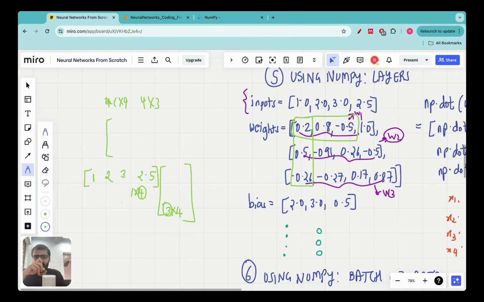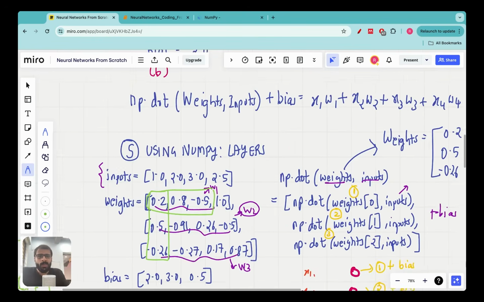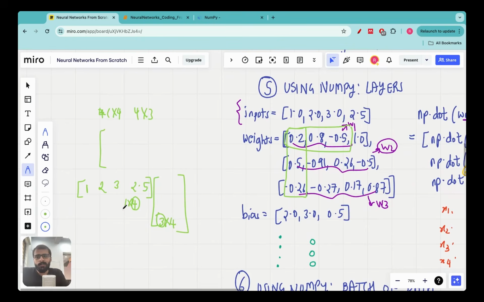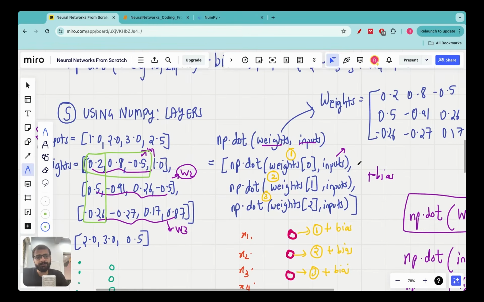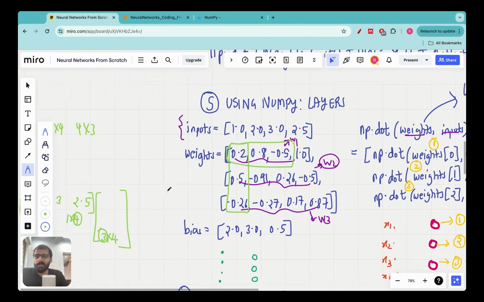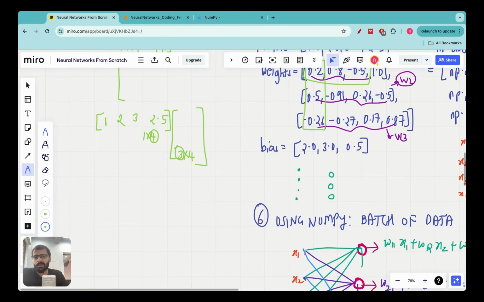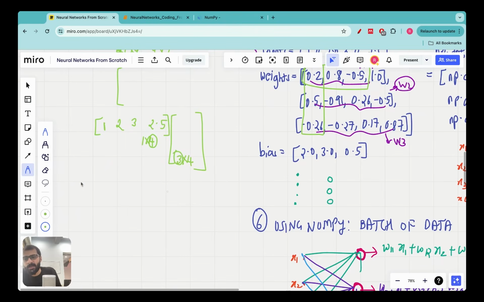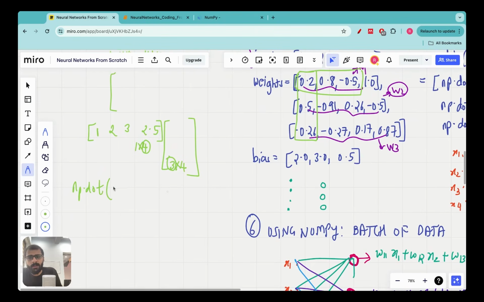But these are the considerations which you need to make when looking at the dot product, right? So now you realize that if you did np.dot(inputs, weights), it would probably give you an error because the dimensions are not matching. So then you might need to take the transpose of the weight matrix, and that might actually get you the correct answer. So check this for reference. Right now we did np.dot(w, x).